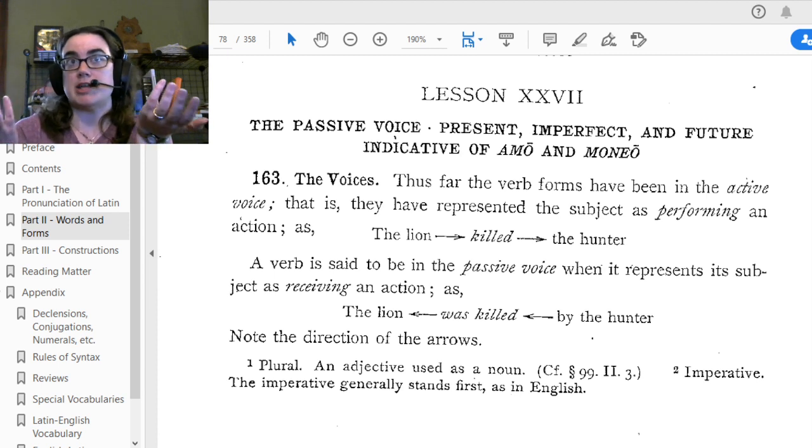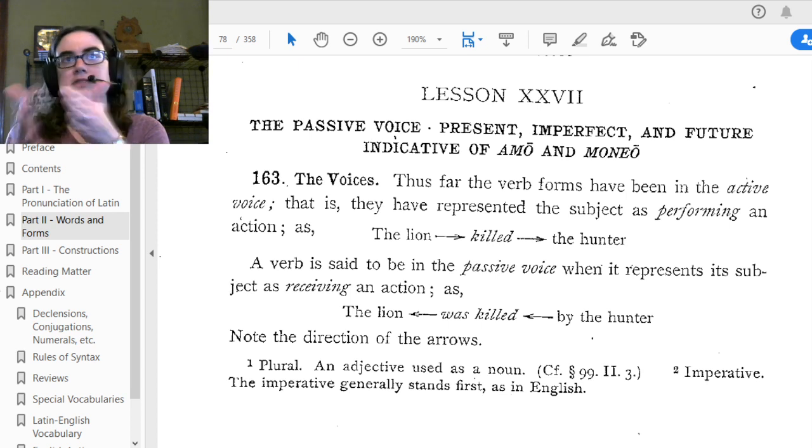That's the only change. You just unplug the personal endings and plug in the passive personal endings. Sometimes that causes a vowel shift, especially in that third conjugation, which is always tricky.